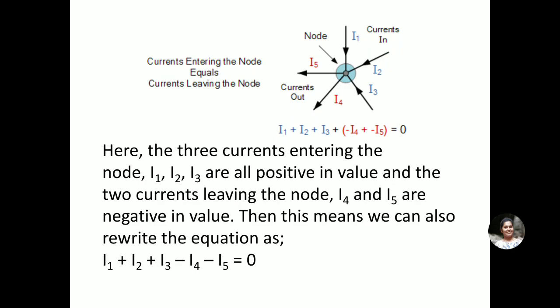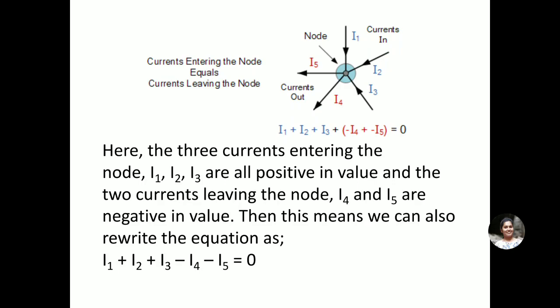To understand this in a better way, take this diagram. Here we have 5 different branches in which 5 different currents are flowing, and there is one dot. That dot is nothing but the node. The currents I1, I2, I3 are coming towards the node. Those are the incoming currents.